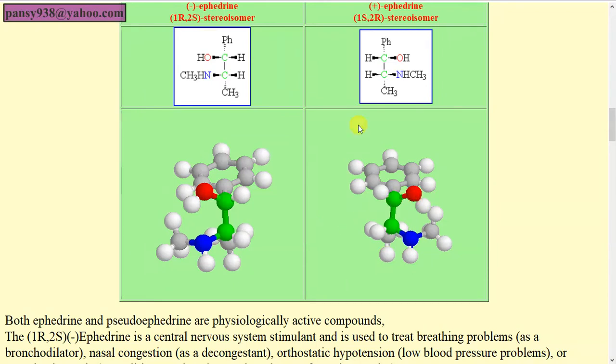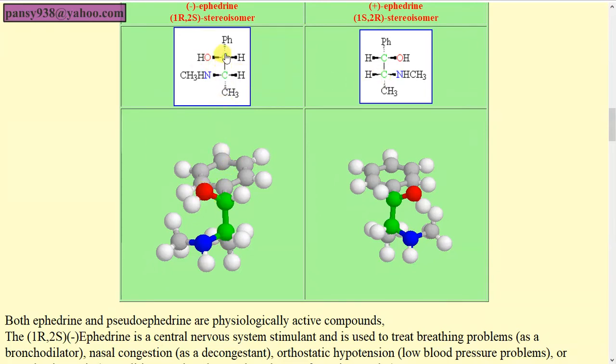Here two carbons which are mentioned in green colors in two-dimensional diagrams and in 3D diagrams, ball and stick models, both are chiral centers of the molecule, the green colored carbons.